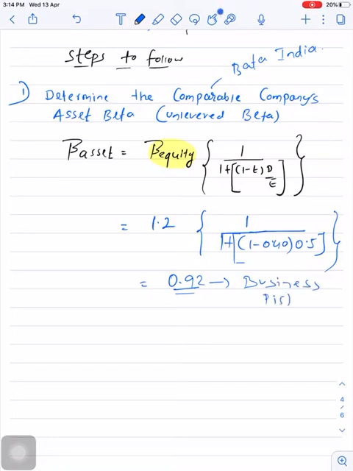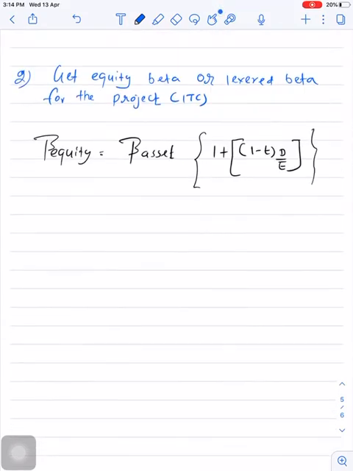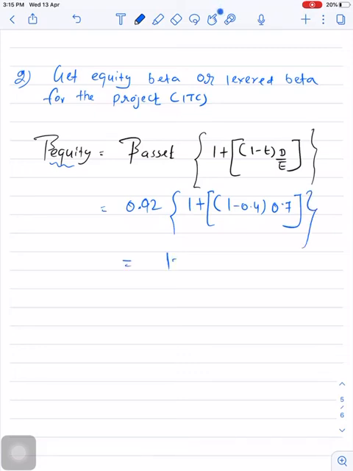Now the same asset beta we can assume for ITC, as they are into the same business, so the business risk will be the same for both companies. Now I need to find the equity beta, so I will take the asset beta, which was 0.92, and re-lever it as per the capital structure of ITC, with a debt equity ratio of 0.7. When you do this calculation, you will get the answer 1.30. This is the equity beta.